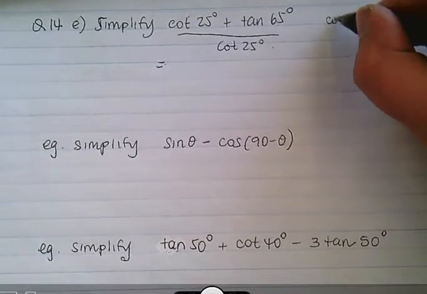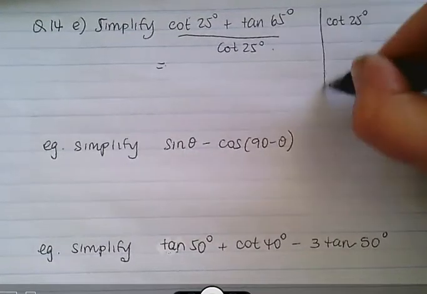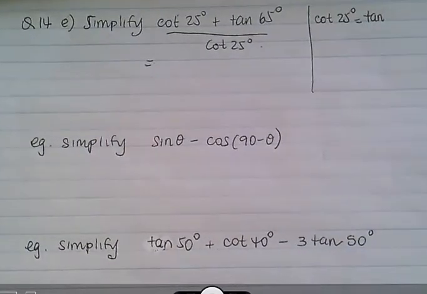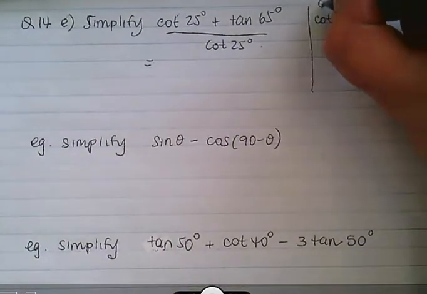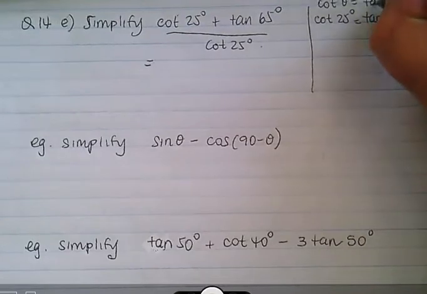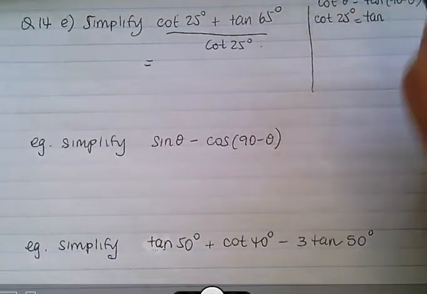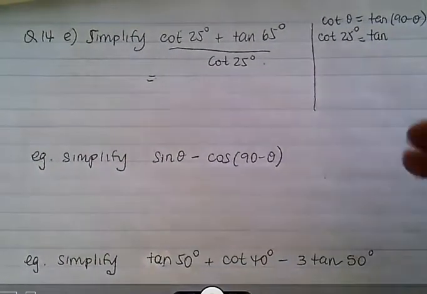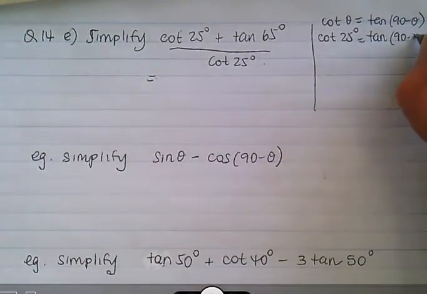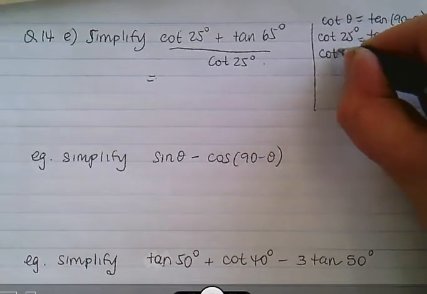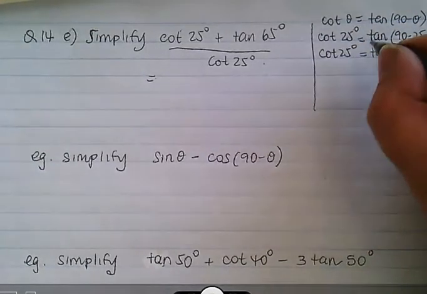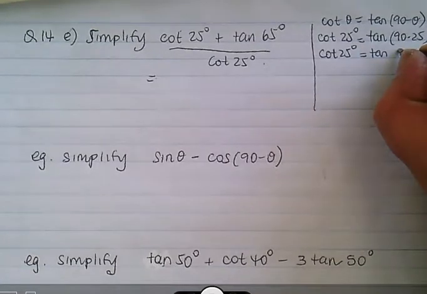So doesn't the cot of 25 degrees, just a little bit of working out here, equal the tan of, see, you know how cot theta equals tan of 90 minus theta? In other words, the theta and the 90 minus theta add up to 90. I can write it as tan of 90 minus 25, or I can just be quicker and say 25 plus what gives me 90? Isn't it 65?